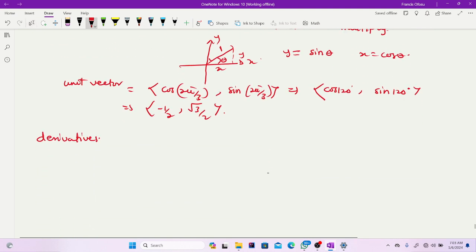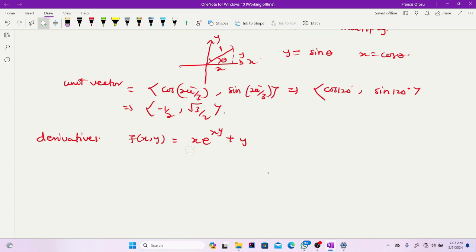The function is given as f of x, y is equal to x e to the power xy plus y. If I want to find the derivatives of this function, I need fx and fy. So what is fx? Differentiating this function with respect to x, every y becomes a constant. This becomes the product rule.